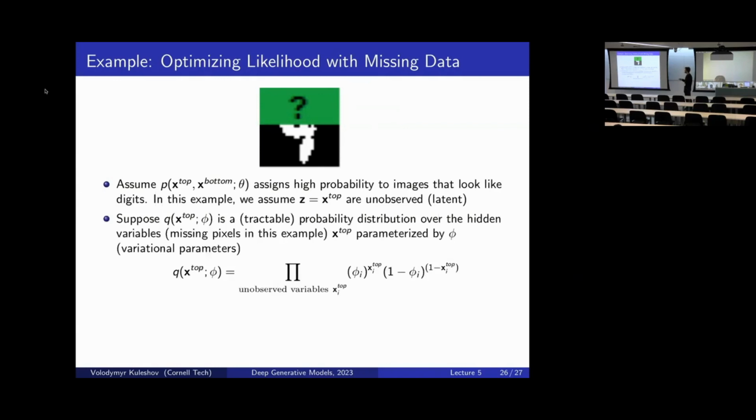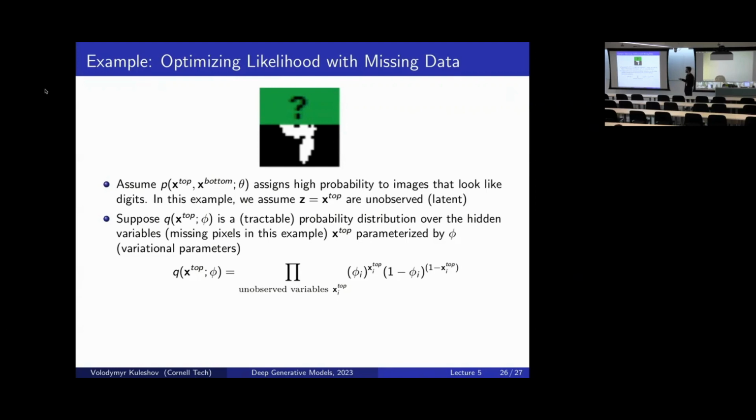One way in which we could define this distribution is by a fully factored product of Bernoulli variables. So I have, let's say, something like 200 missing pixels here. I define my probability over the top pixels as just the product of 200 Bernoullis. And the bottom part is fixed.